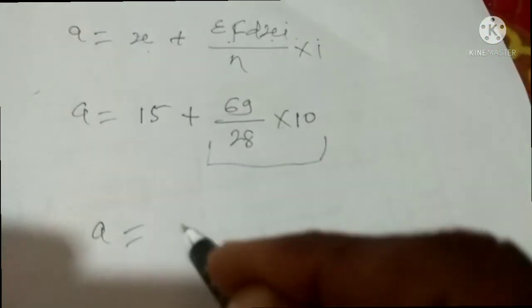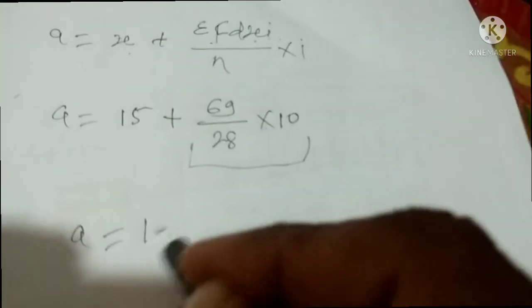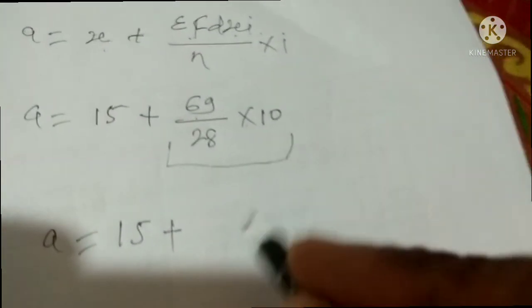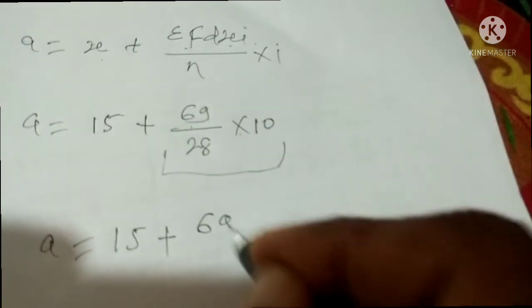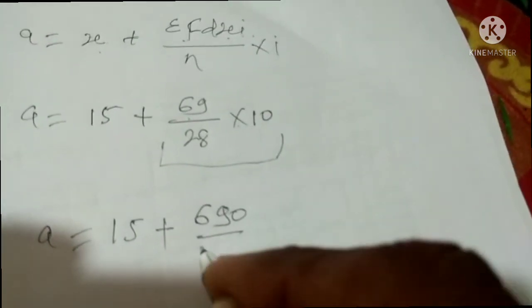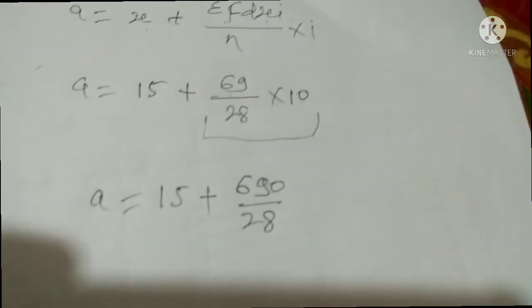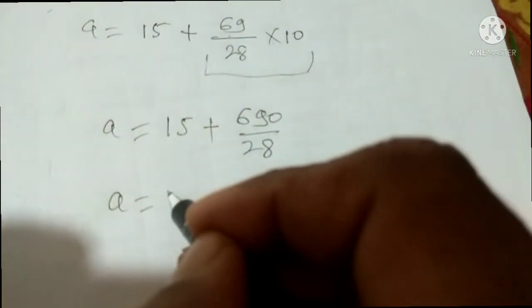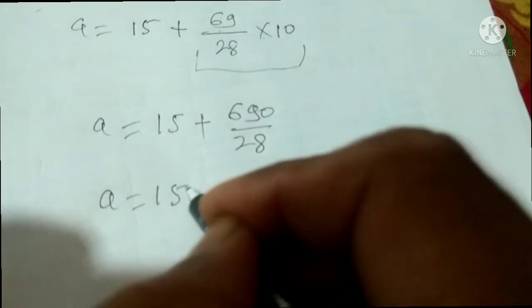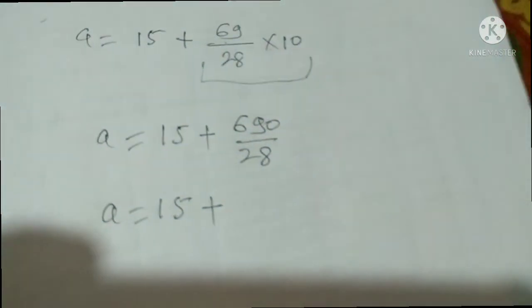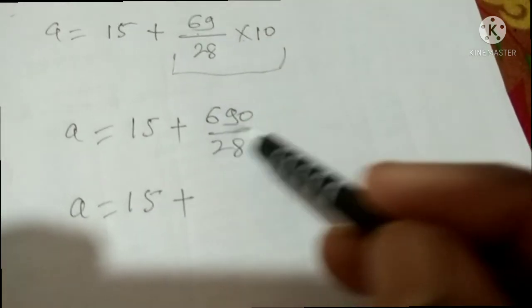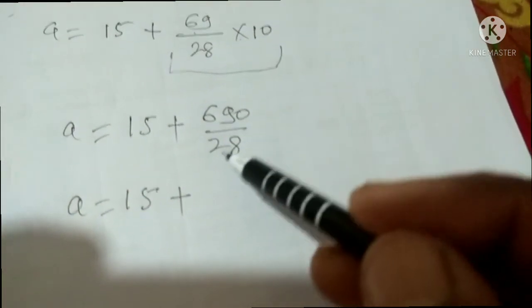A equals 15 as it is. So 69 into 10, 690 upon 28. A equals, again this 15 as it is, and make the division of 690 divided by 28.